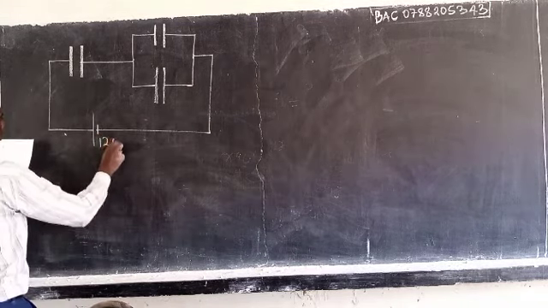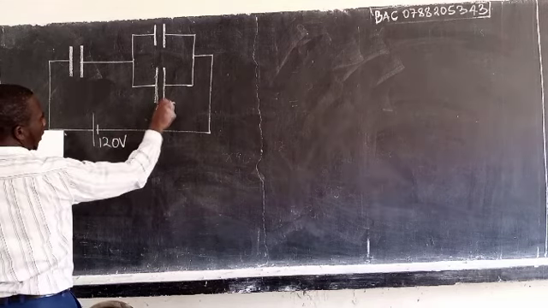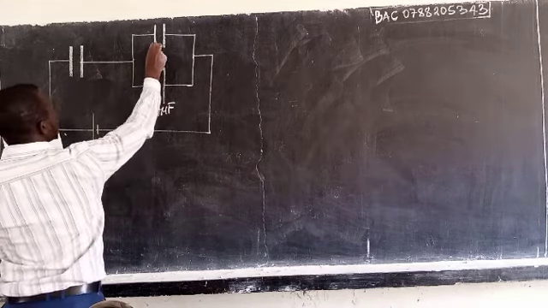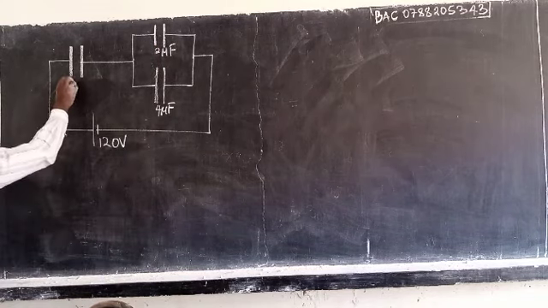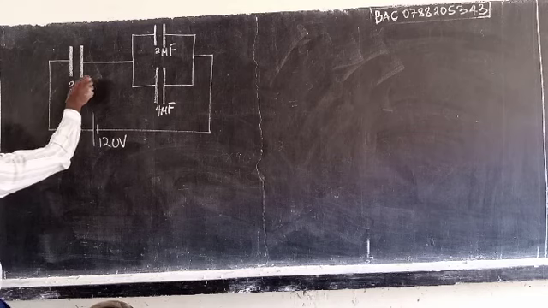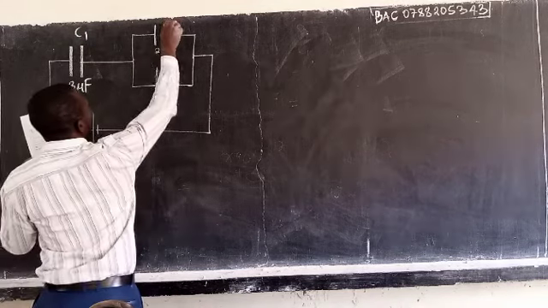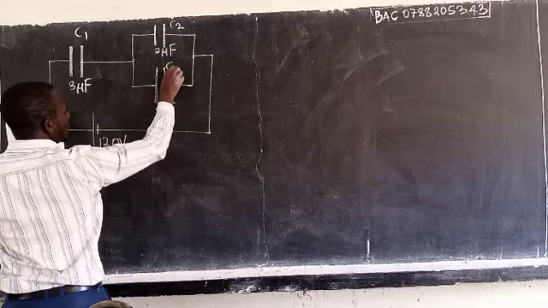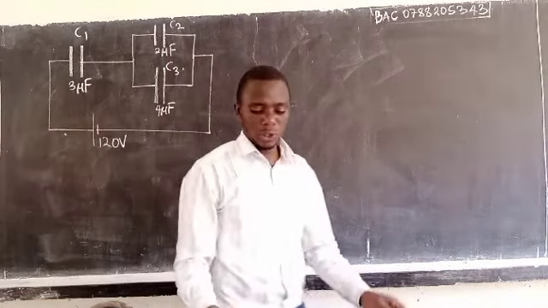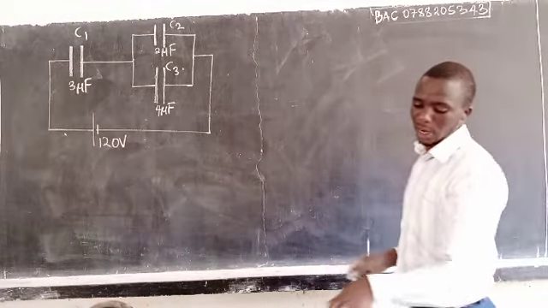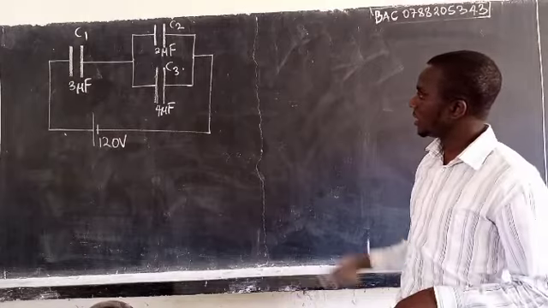This is 120 volts, 4 microfarads, 2 microfarads, and 3 microfarads. You could name them C1, maybe C2, and C3. So the question says calculate the charge on the capacitors and the PD across each.